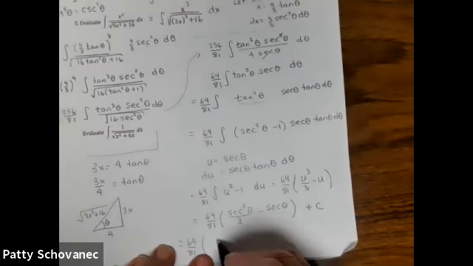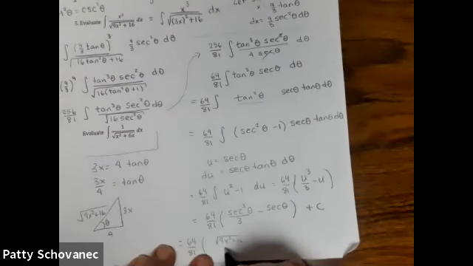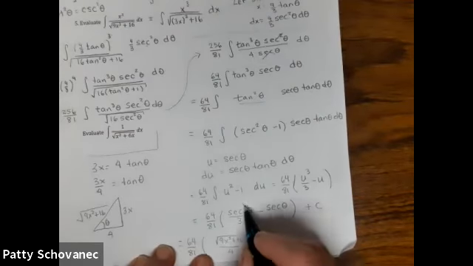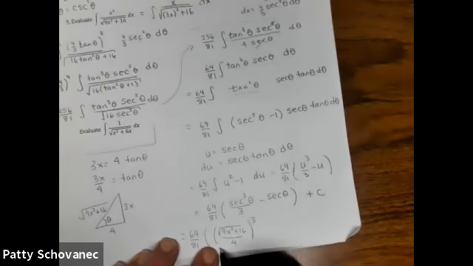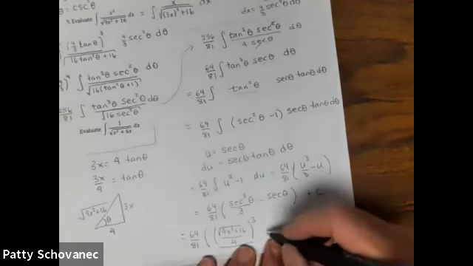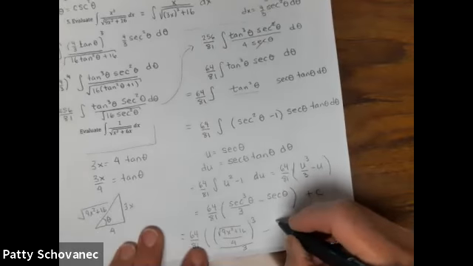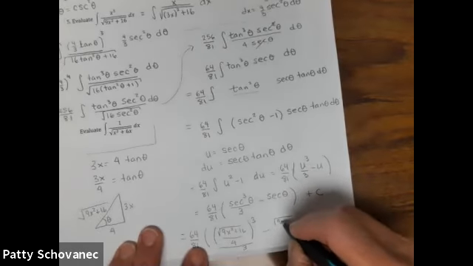So hypotenuse, square root of 9x squared plus 16 over 4, cubed, then divided by 3, minus our secant, which is square root of 9x squared plus 16 over 4.